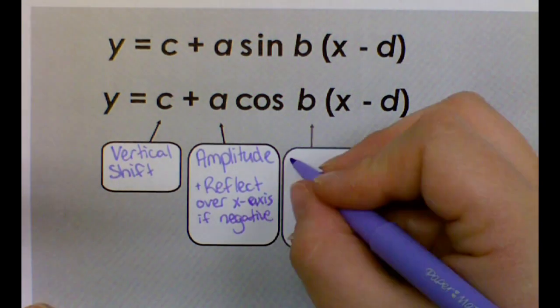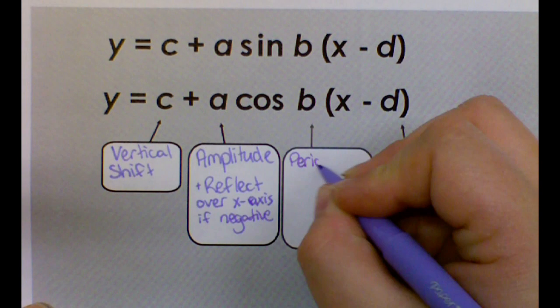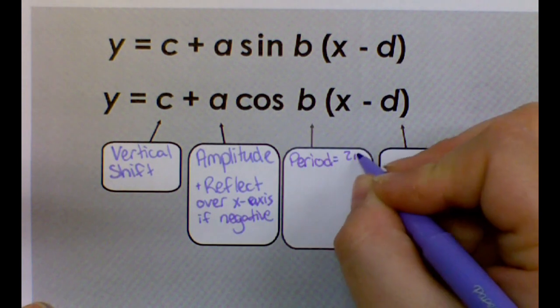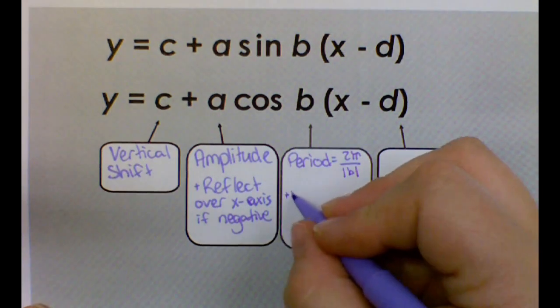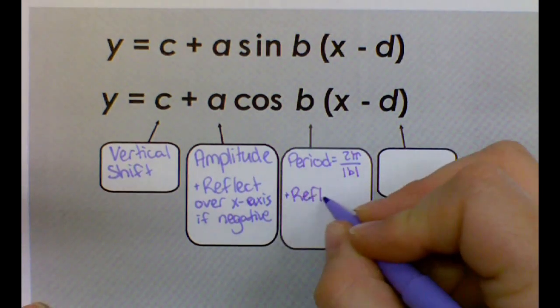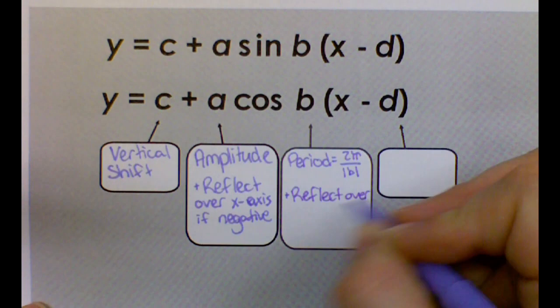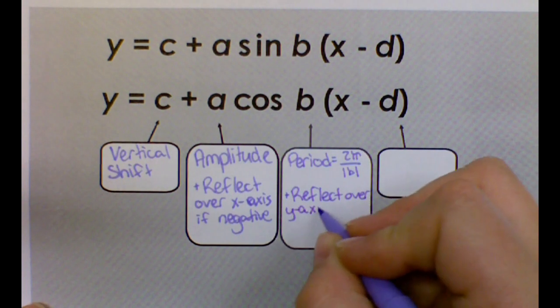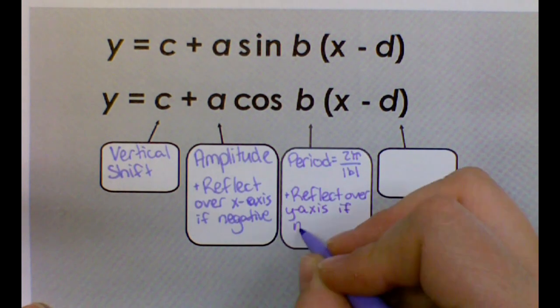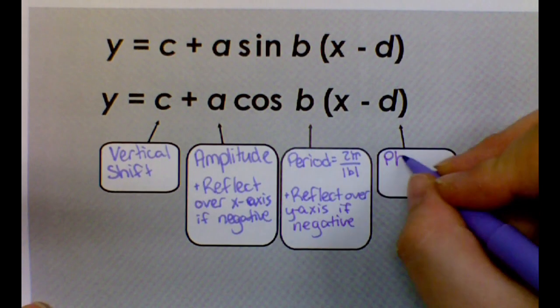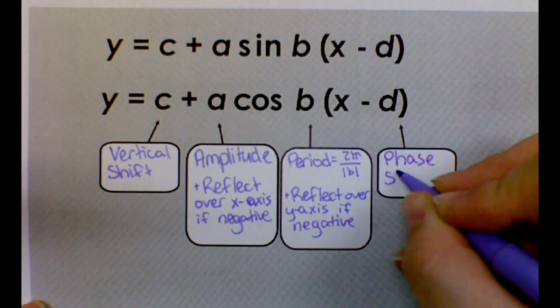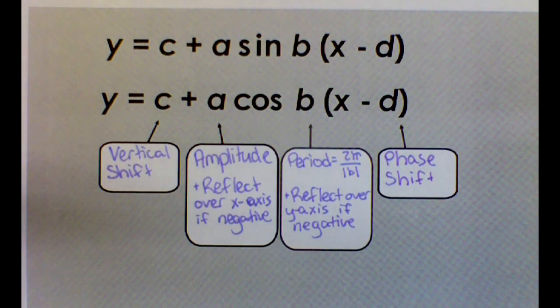B tells your period. And remember, period is 2 pi over the absolute value of B. This is a reflection over the y-axis if it's negative. And D is your phase shift in this. That scoots it left or right.